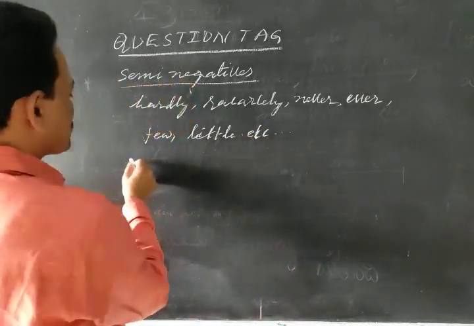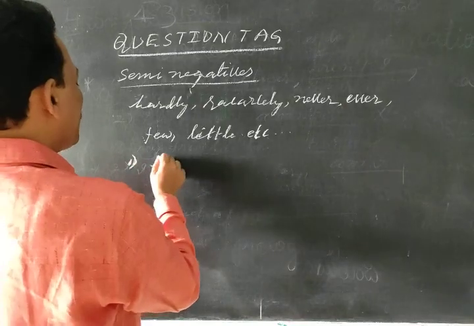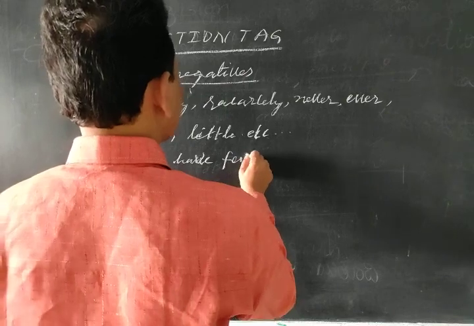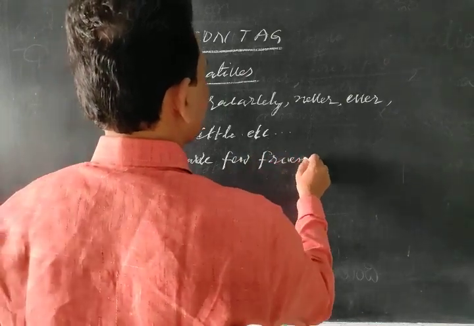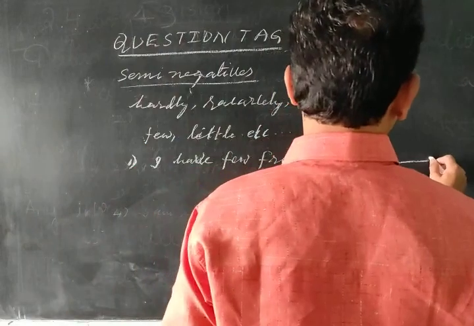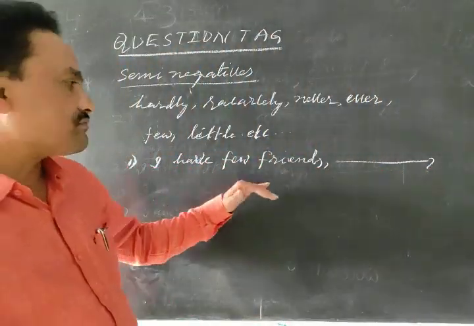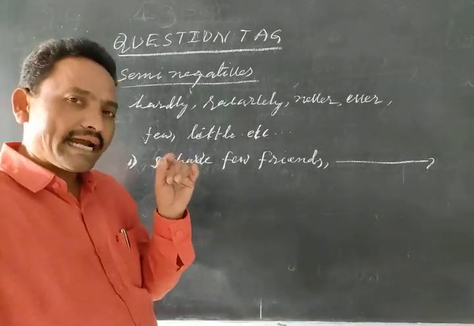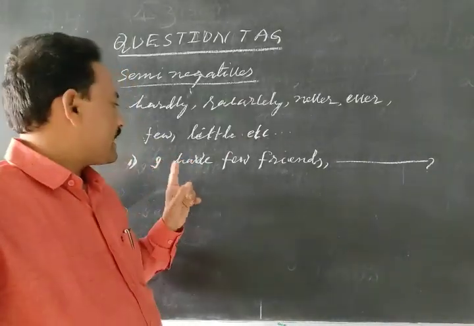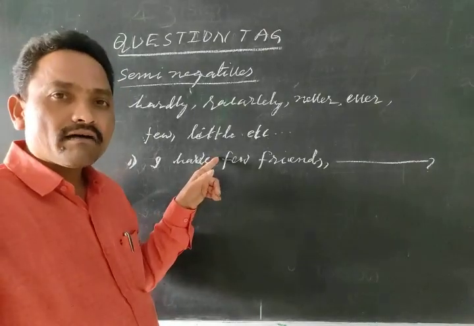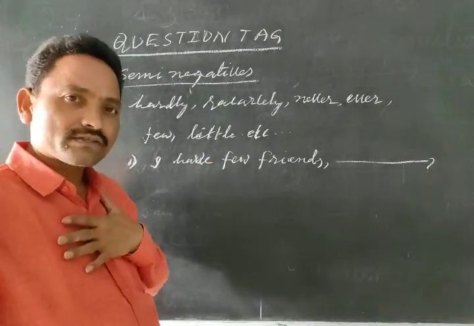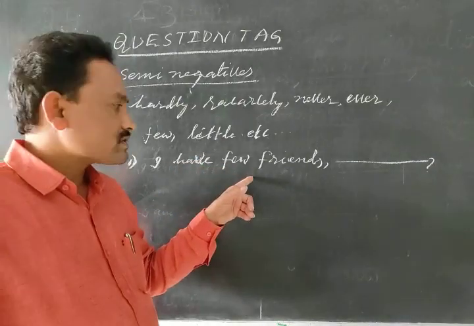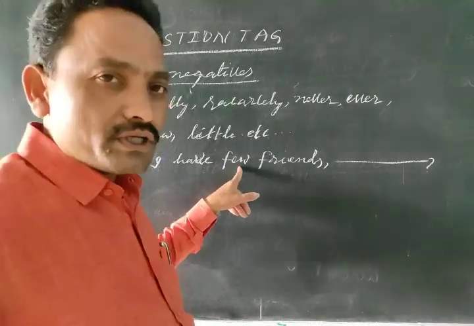Let me write one sentence here: I have few friends. See here, the meaning of "I have few friends" is "I have no friends". But you know, by adding only one letter, the meaning is changed. I have a few friends. That means I have friends. But this sentence here, I have few friends, this is negative because the semi-negative form, that is "few", is used.